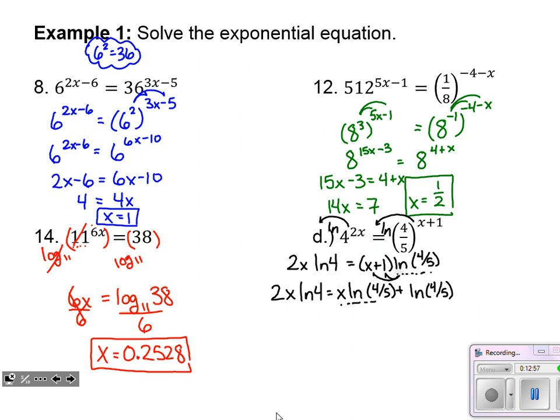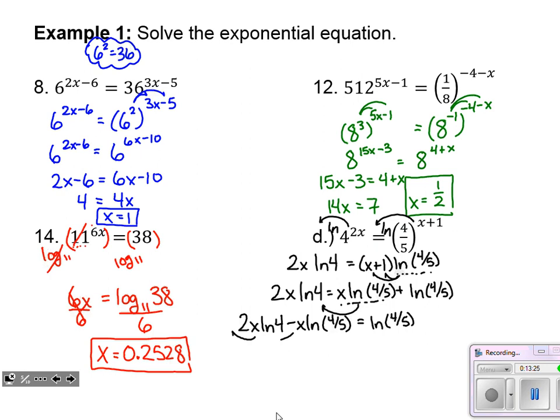I'm going to subtract over this x term, right? I want to combine like terms. Let's get our x's grouped. So I have 2x natural log 4 minus x natural log of 4/5 equals natural log of 4/5. This is why it's our last resort. It does take a little bit more writing, but it's really not too terrible to do.